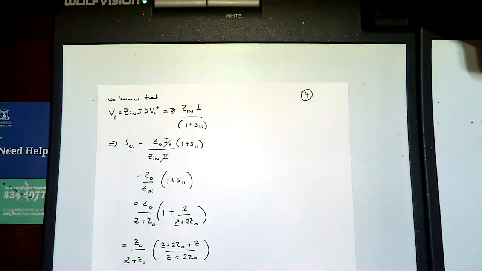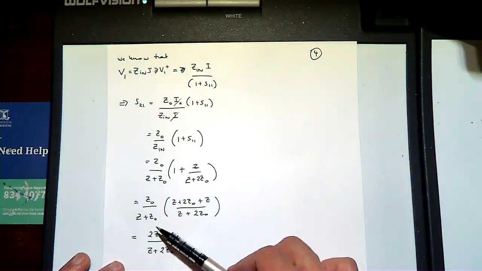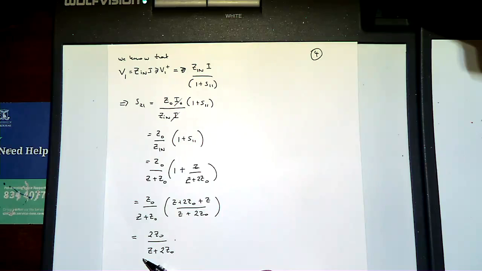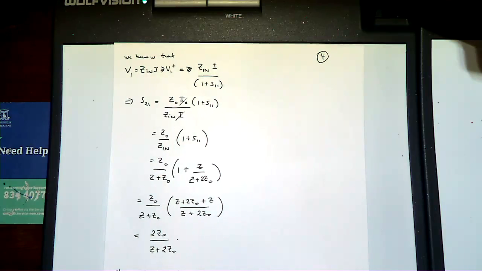So once we cancel out, what we find is S21 for this very simple circuit is 2 times the characteristic impedance on the impedance of that element that we had in the circuit plus 2 times the characteristic impedance that we've terminated in. Okay?